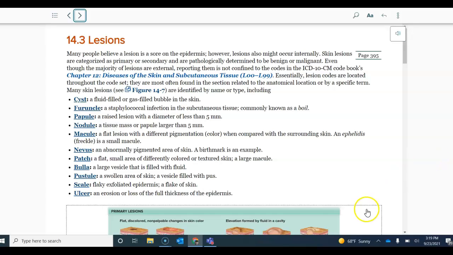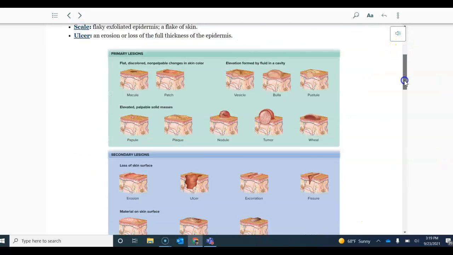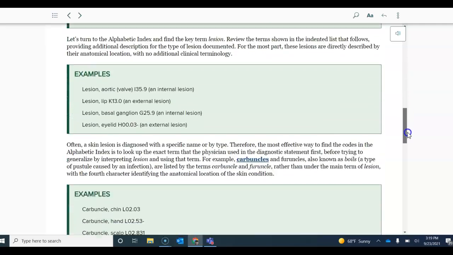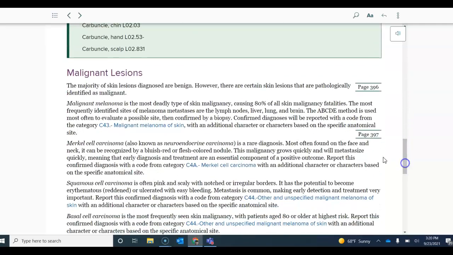And this is where we get down to malignant. Malignant melanoma, remember, is a very serious skin cancer because it's black. Notice that because this is malignant, we are now going back to the neoplasm table.